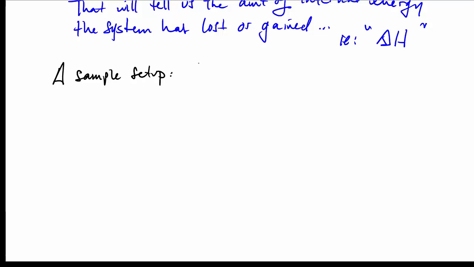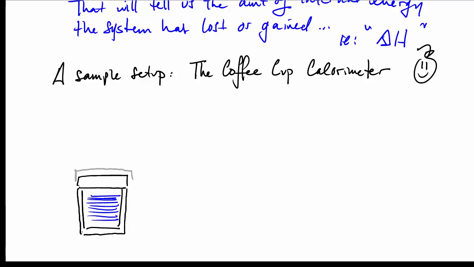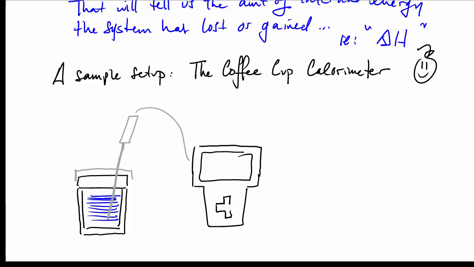So here's a sample setup. This is the famous coffee cup calorimeter. What you need is 1 or maybe 2 nested foam coffee cups with a lid on top, and we'll use a known volume and mass of solution inside. Measure this with a thermometer. We'll use a LabQuest digital data acquisition unit, but even a regular thermometer will do.